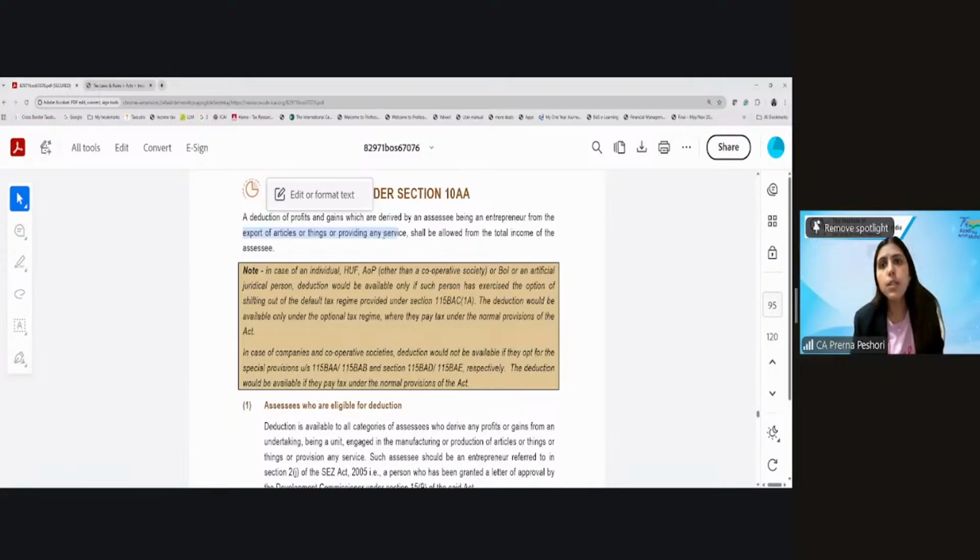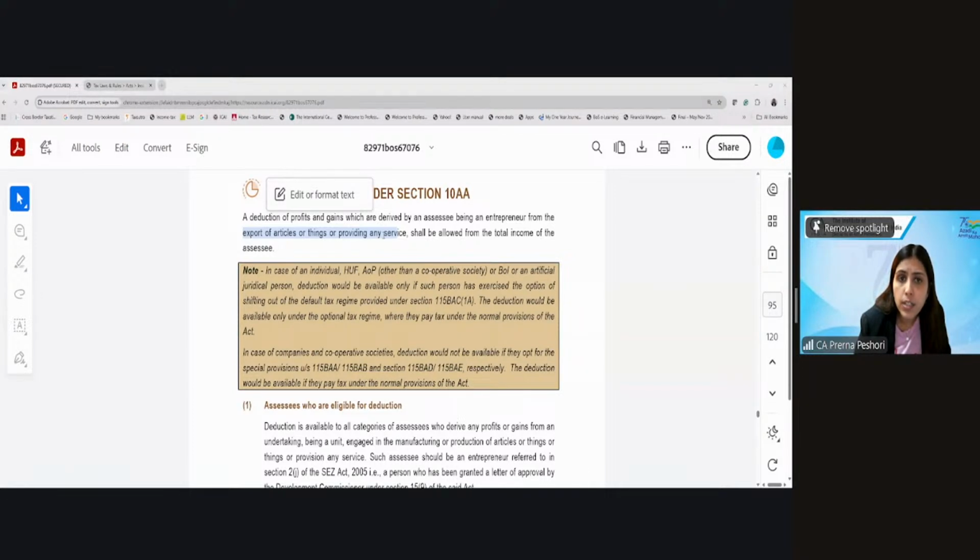Okay, so this particular deduction under 10AA, who is the eligible assessee? A unit in the SEZ, which is engaged in the manufacturing or production or provision of services and which is basically exporting the goods and services. But what is the condition over here?